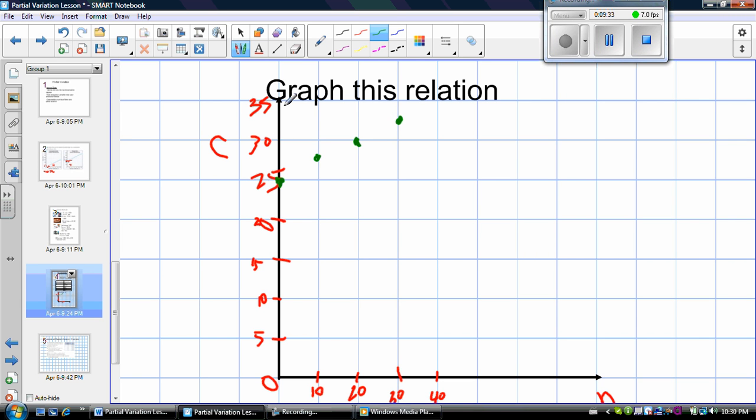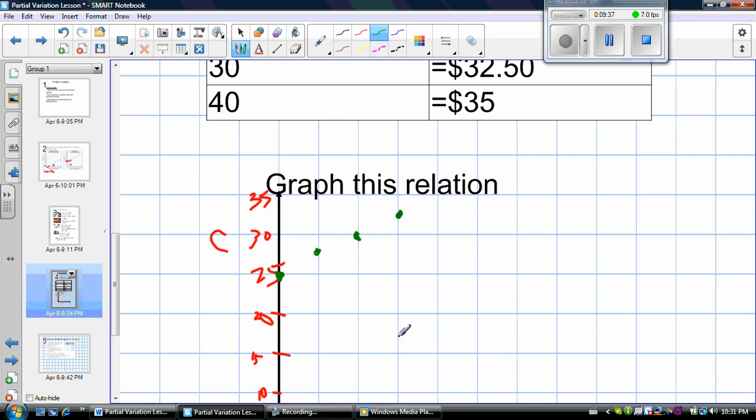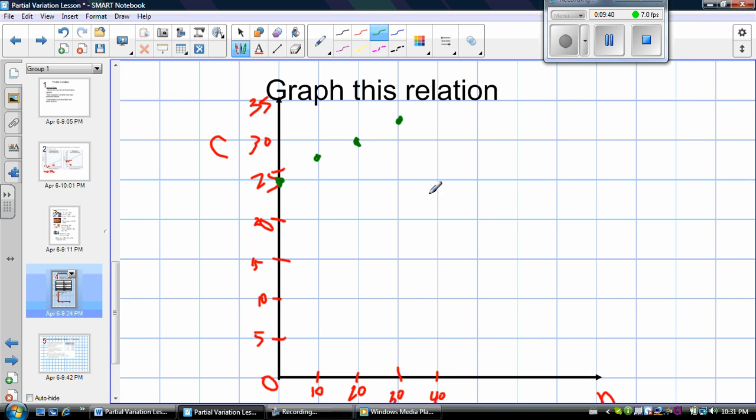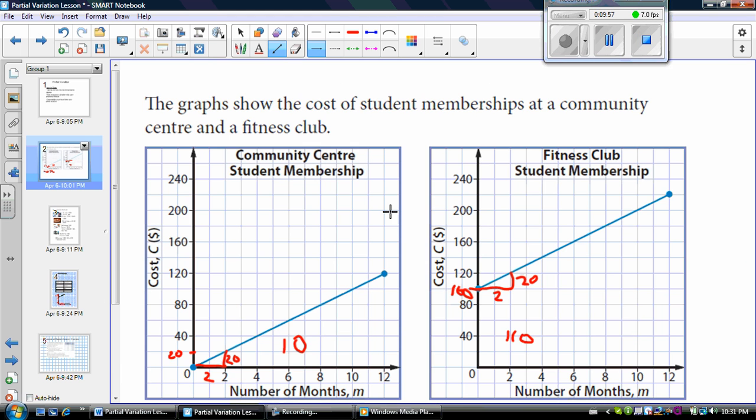And then that last one's going to be 40 and 35. So 40 and 35. There we go. Now I connect those dots with a line. And there's my graph.